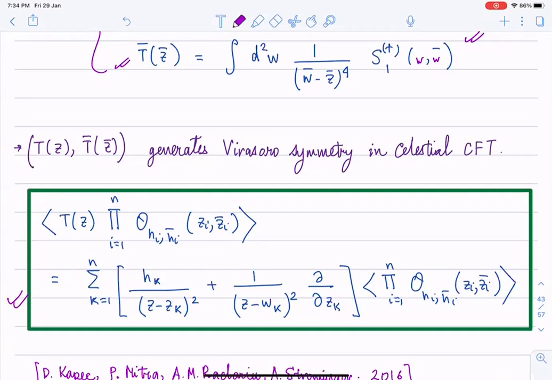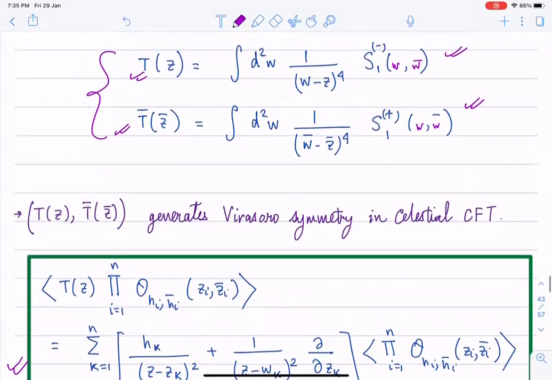Okay. So from this, what we see is that these operators, T of Z and T bar of Z bar, which are shadow transforms of the subleading soft graviton operator, are basically generating, in this case, the Virasoro symmetry.